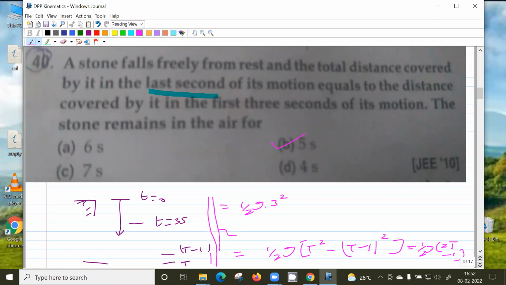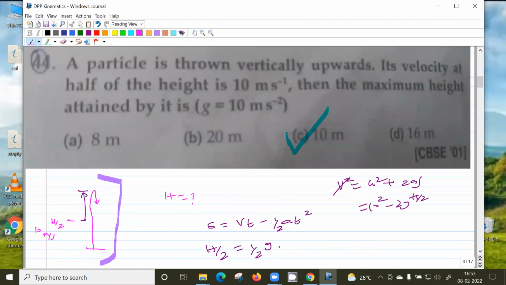Question number 40. B. Yes, sir, B is correct. 41? Yes, sir. 44 is 10. C. 44. Yes, sir.